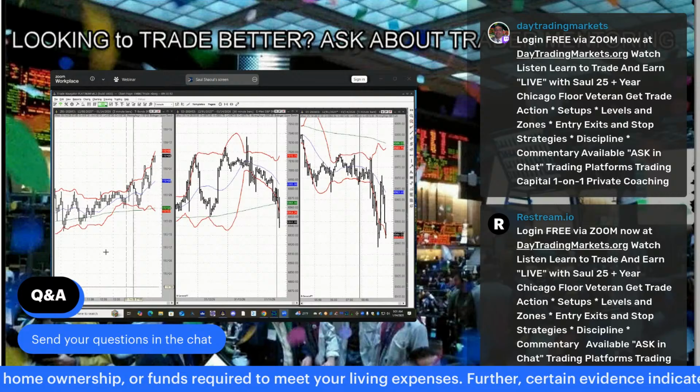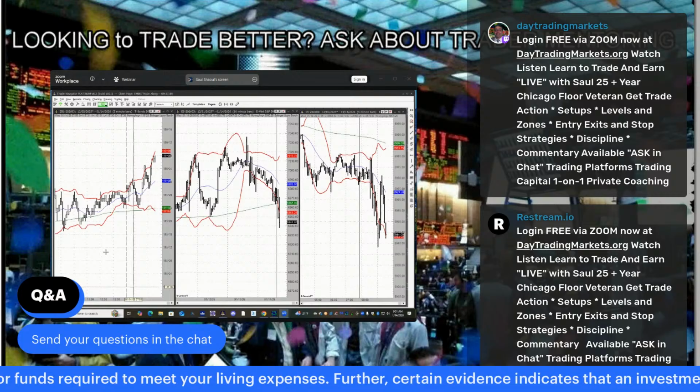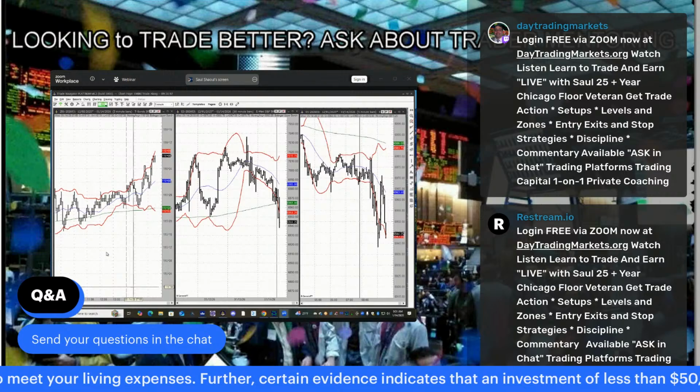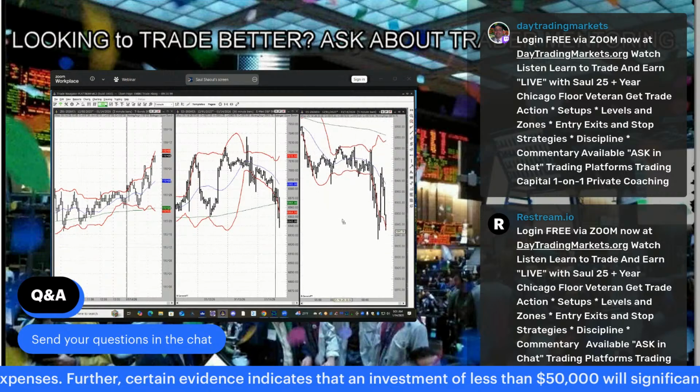All right, we are quickly rotating down here. We're looking at the 35 area. We get down there or not.